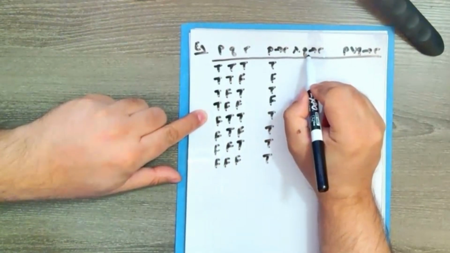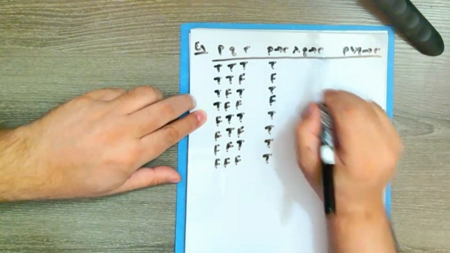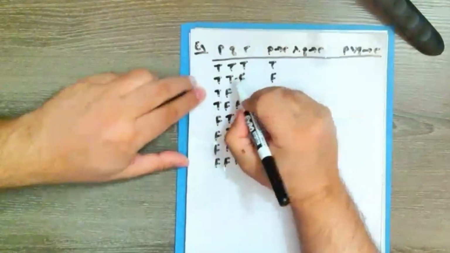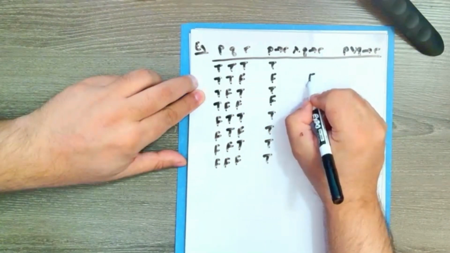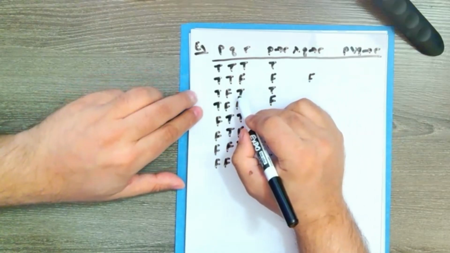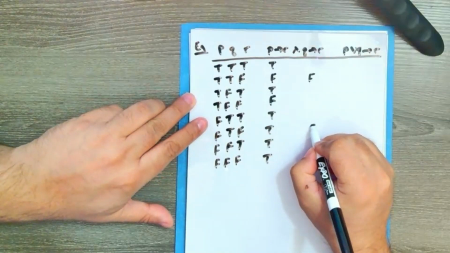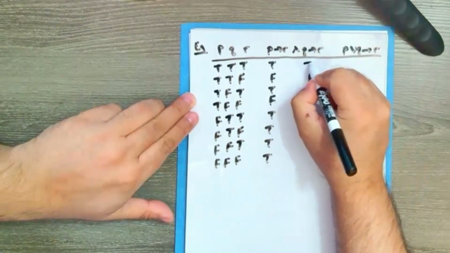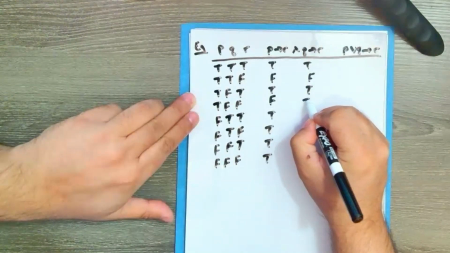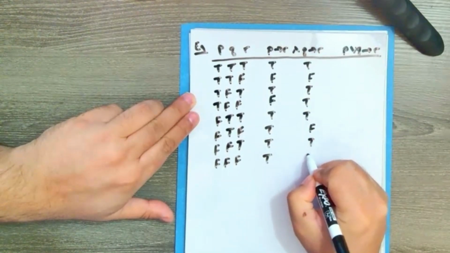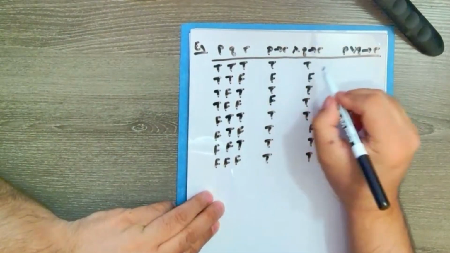The implication Q implies R is false when Q is true and R is false, which is this case. And this case. In all other cases, this implication is true.